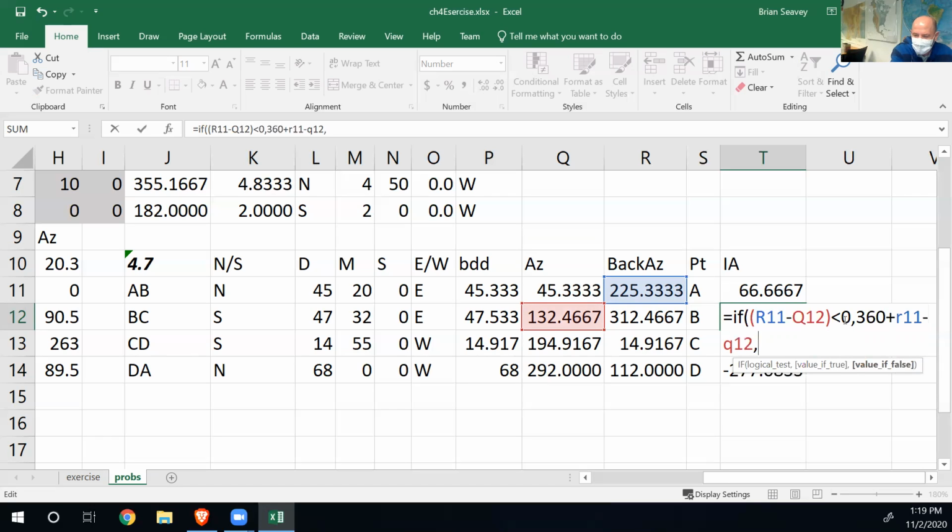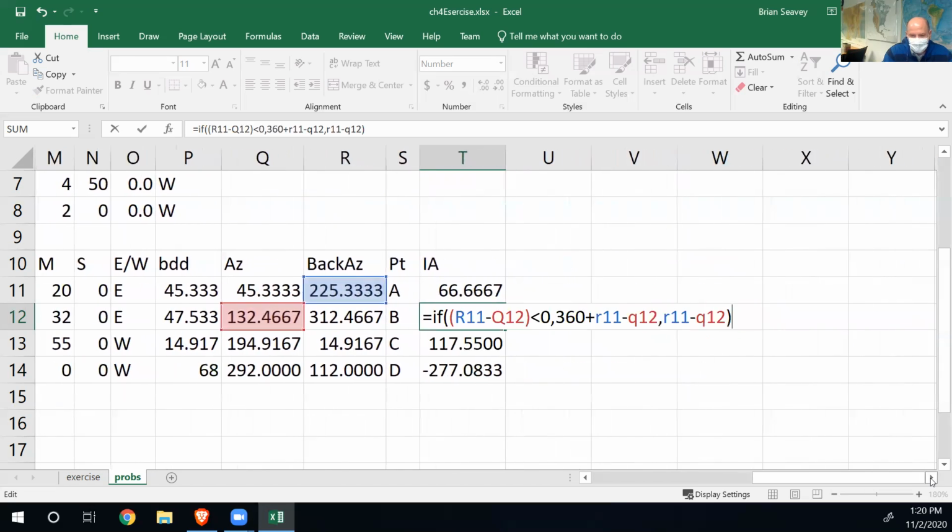Otherwise, it's just R11 minus Q12. Right? There, that's easier to see, probably. Right, if it's less than 0, then I've got to add 360 to it. Value if true. If not, I just leave it alone, do the deal.